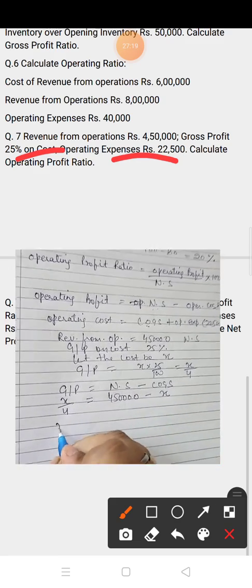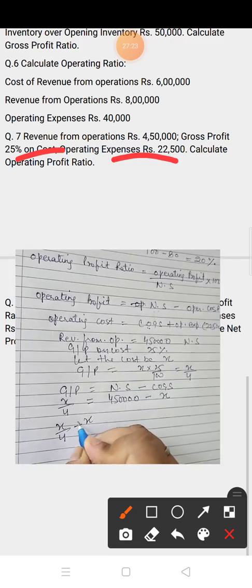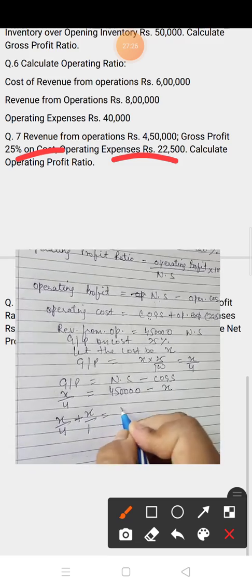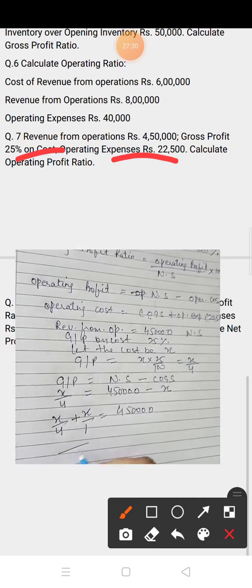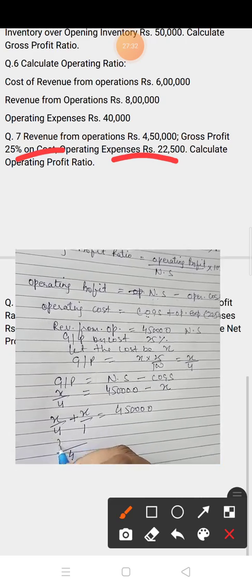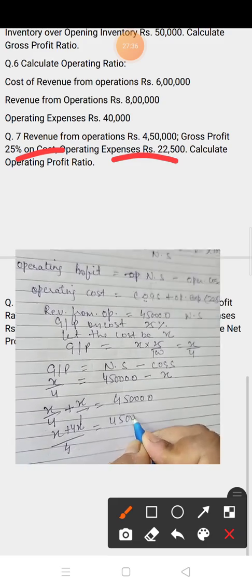Now this X you can take here, left side, it will become plus. Take the LCM, 4, it is X plus 4X, 4,50,000.